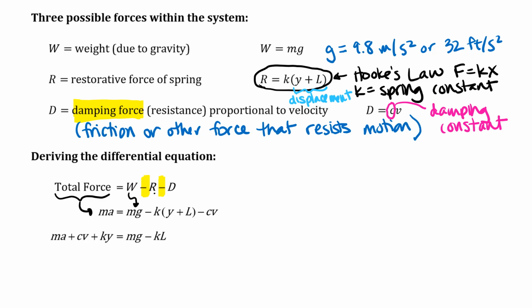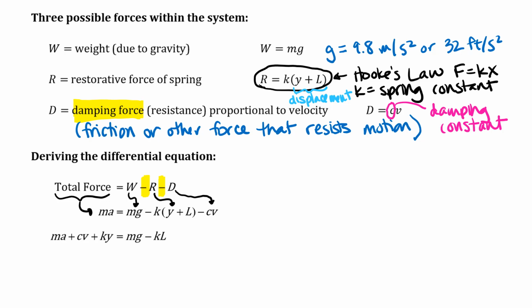And then we've got the restorative force of the spring from up above. That comes from Hooke's law. And then the force due to damping, so CV there. So all I did was replace the different parts of that equation with what we had already talked about. And then in the next line, I've just rearranged some terms, maybe not in a way that seems immediately obvious, but this leads to our differential equation.